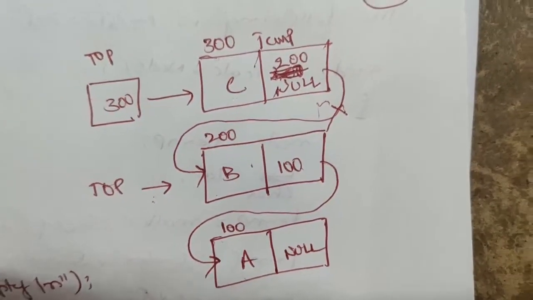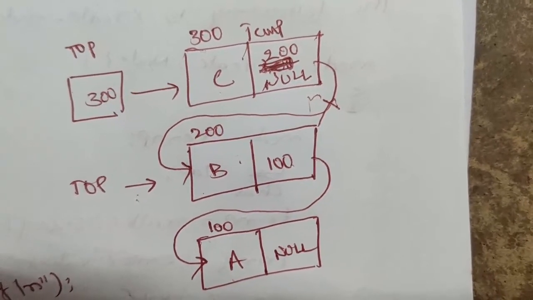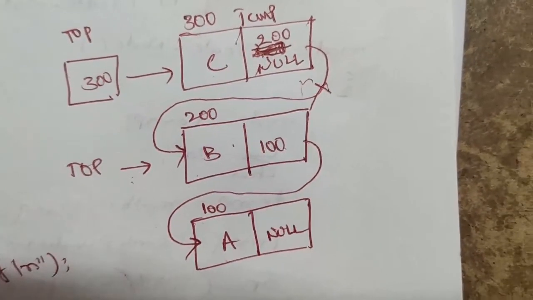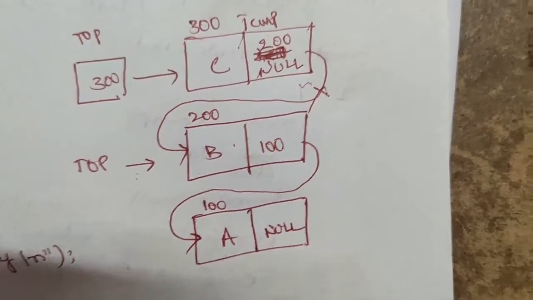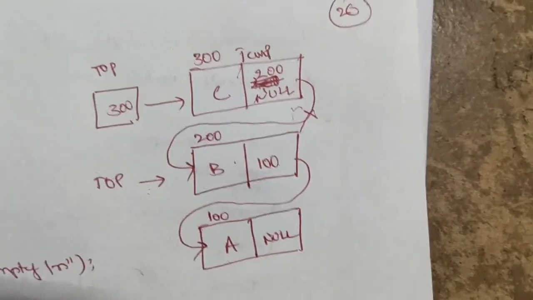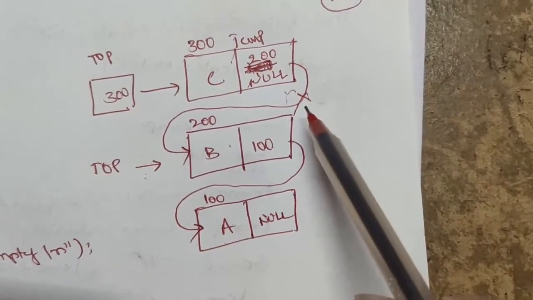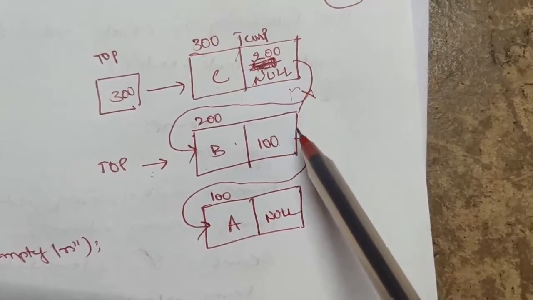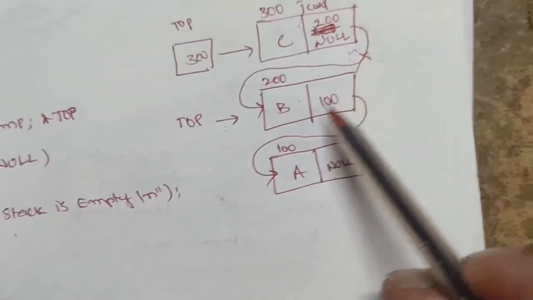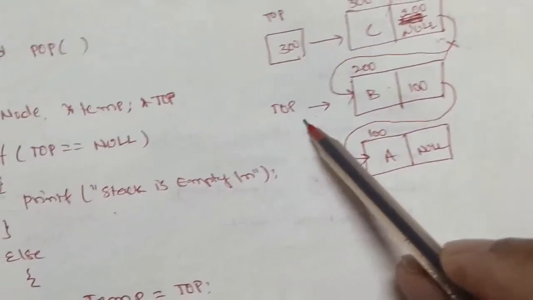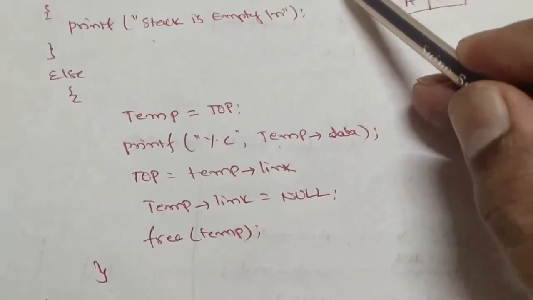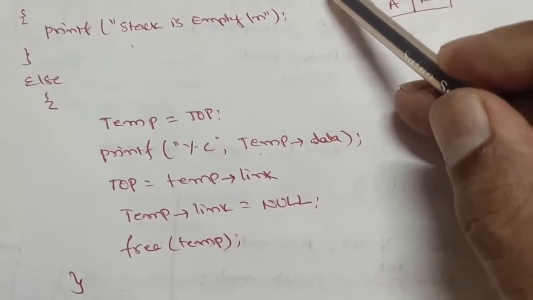That means temp link has 200, and the 200 is moved to the top. That means the link between the top node and the node below is disconnected. Now the top is pointing to 200. So here we write top equal to temp link and temp link equal to null.